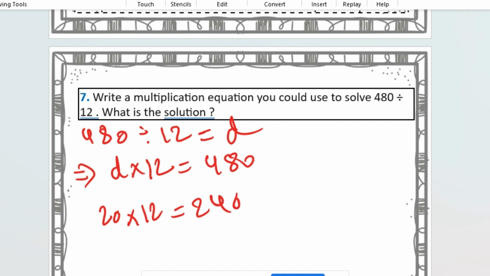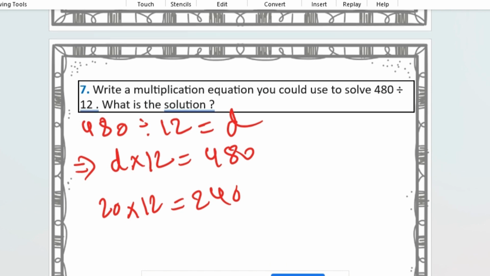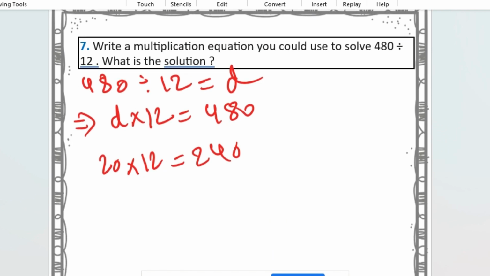20 times 12 equals 240. Now 240 is half of 480. So we need 20 more. So 20 times 12 equals again 240.